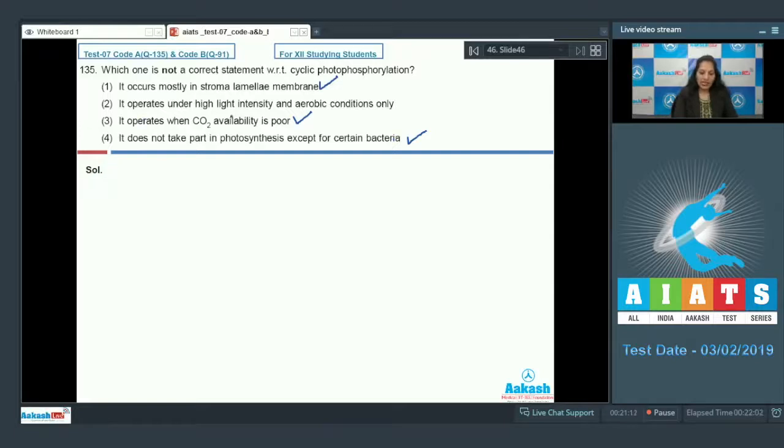Second, it operates under high light intensity and aerobic conditions only. No, it operates under low light intensity and anaerobic conditions. So this statement is incorrect. So the correct option for the given question is option number 2.